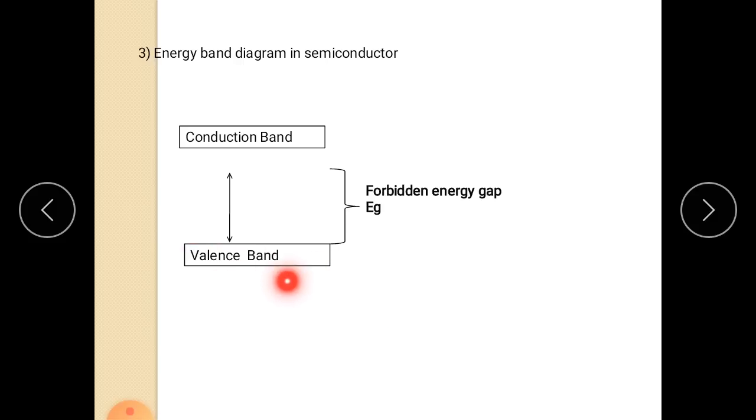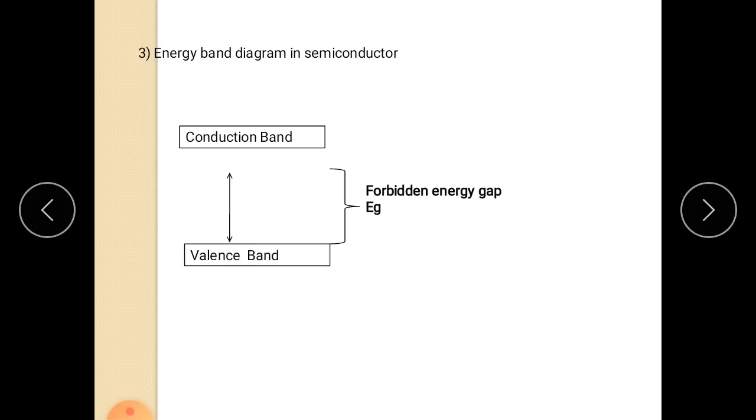There are two cases in case of semiconductors.